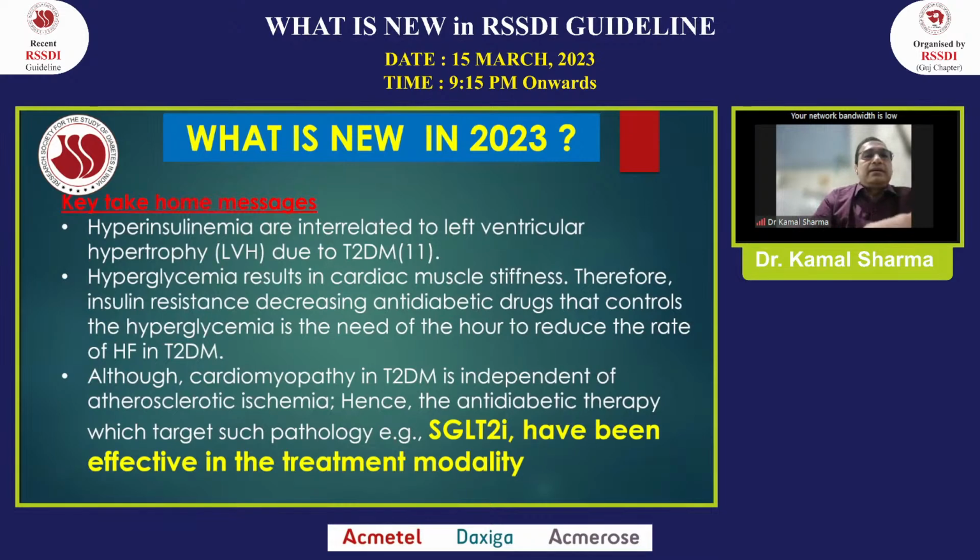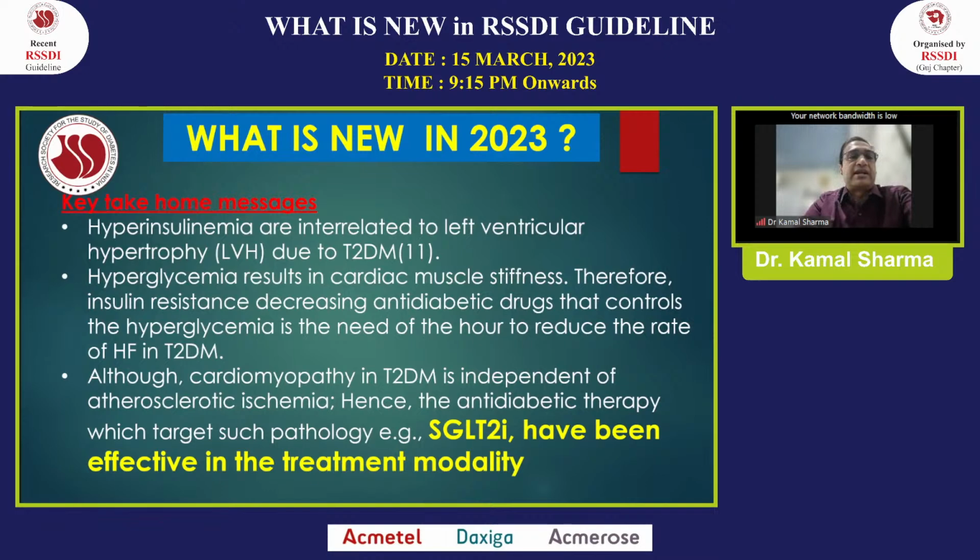So again, in the study where they looked at the correlation between left ventricular hypertrophy and type 2 diabetes, the hyperglycemia that was present was associated not only with insulin resistance, and this also led to hyperglycemia being responsible for reduction in the rate of heart failure if type 2 diabetes was treated adequately.